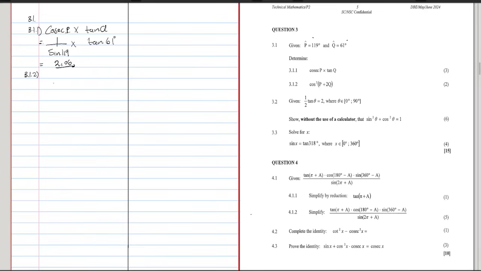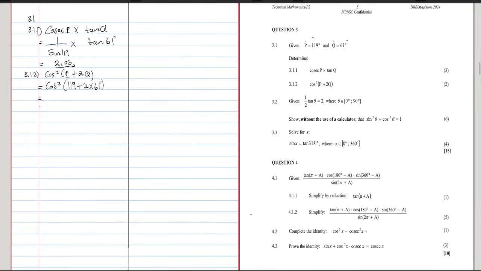So for that one we get cos squared of (p plus 2q). So therefore we're gonna have an equal sign, cos squared, and then p, okay, wait, 119. I thought it was 116. Then 2 multiplied by 61 degrees.